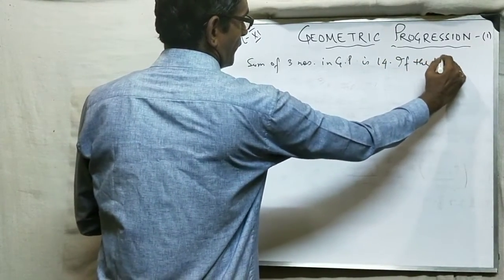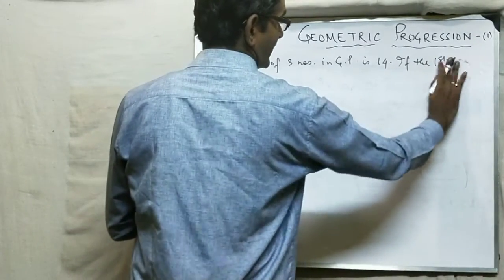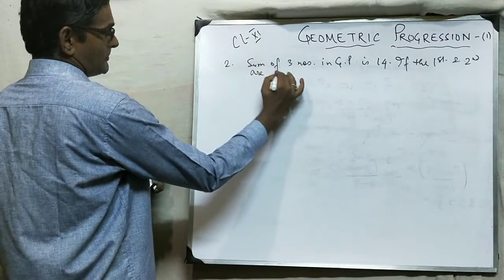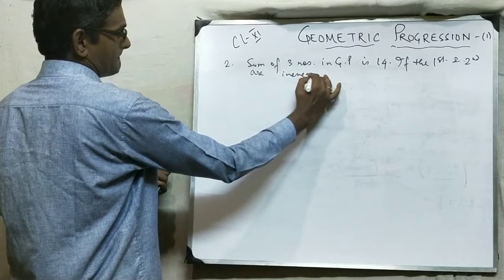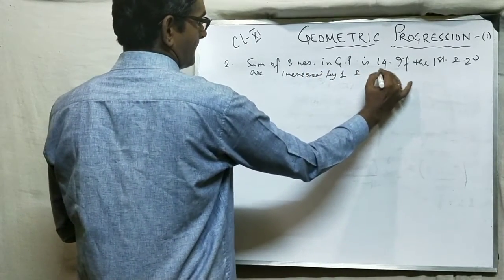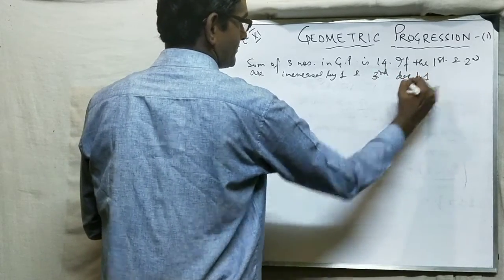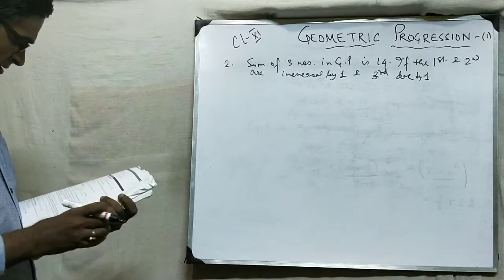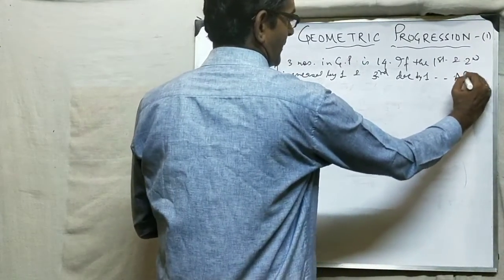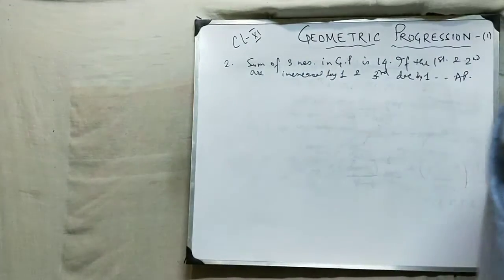If the first and second are increased by 1 and the third is decreased by 1, then the resulting numbers will be in AP. So find the numbers.